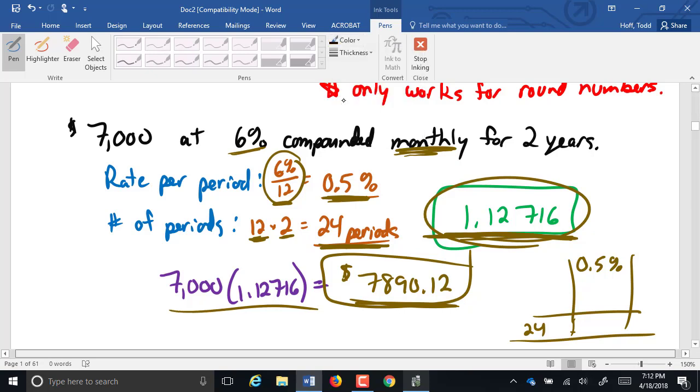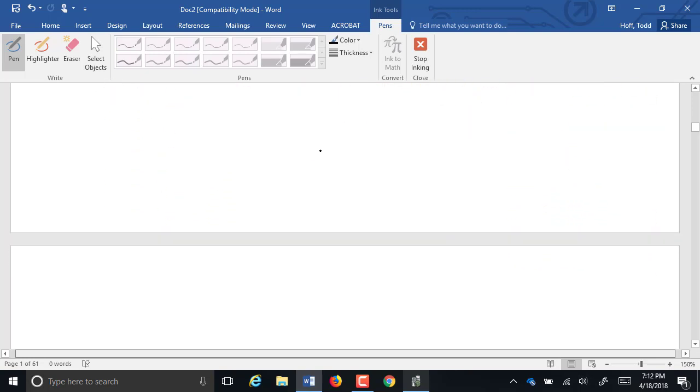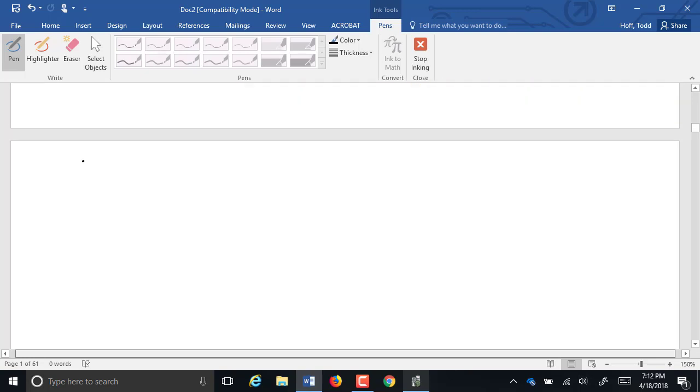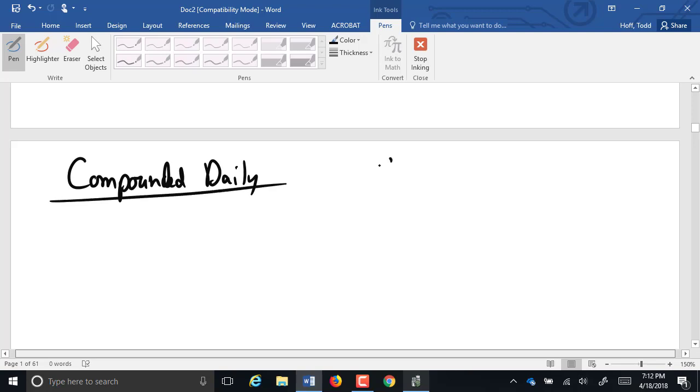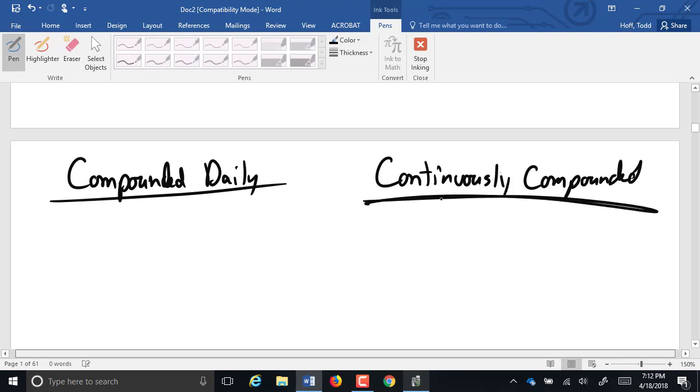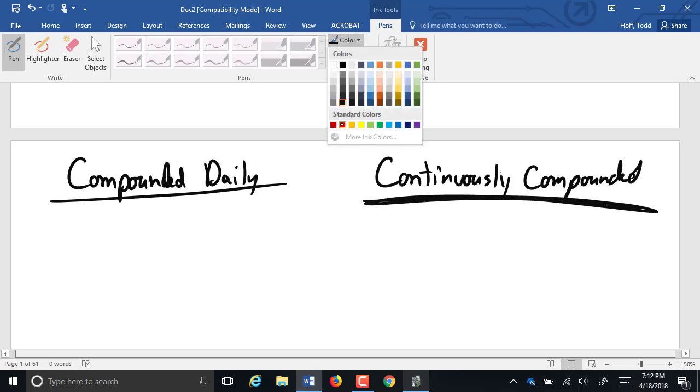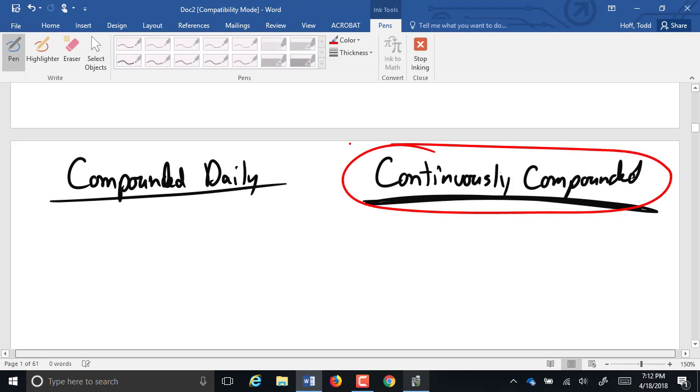Now, there is something called compounded daily. There's also continuously compounded. Continuously compounded was a fad back in the late 90s, early 2000s.